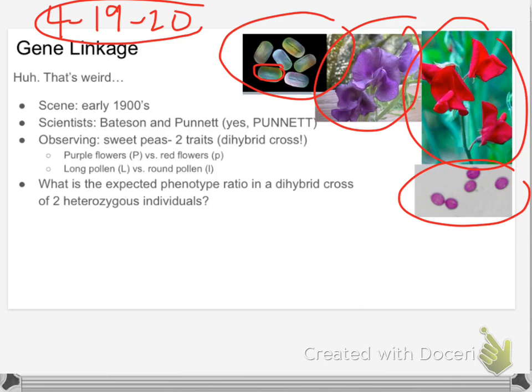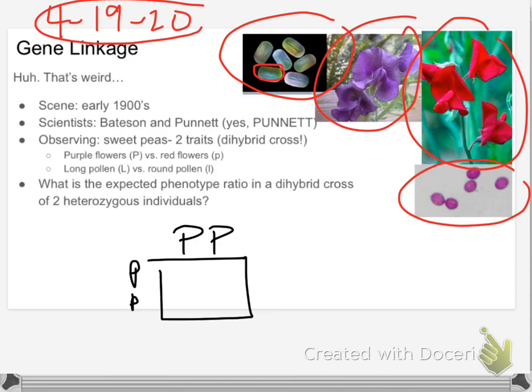Okay. So they were crossing heterozygous individuals. How do you get individuals that you know are heterozygous? Well, what if I take two individuals that I absolutely positively know for certain are big P, and I cross that individual with an individual who I know is little p.